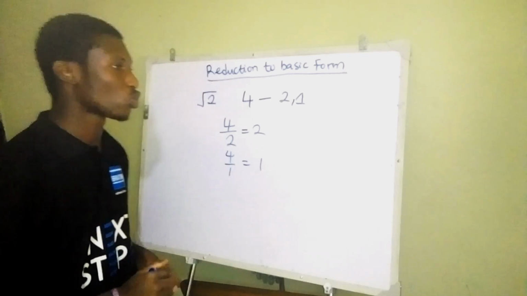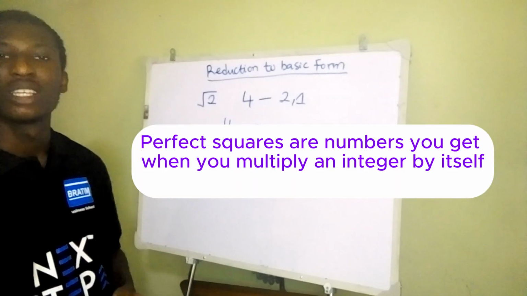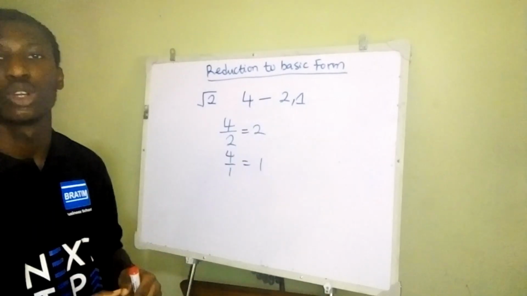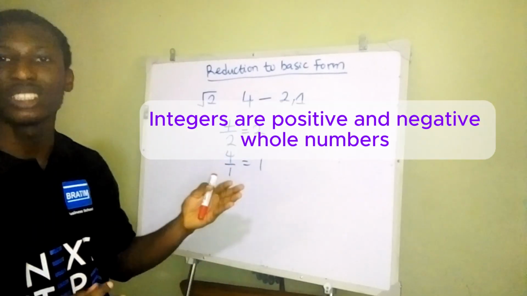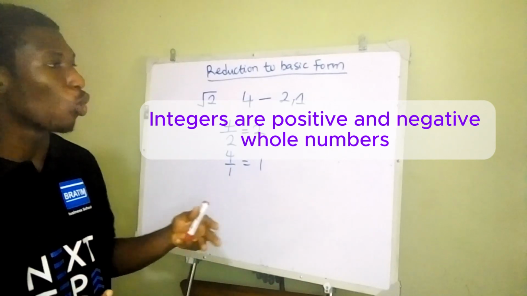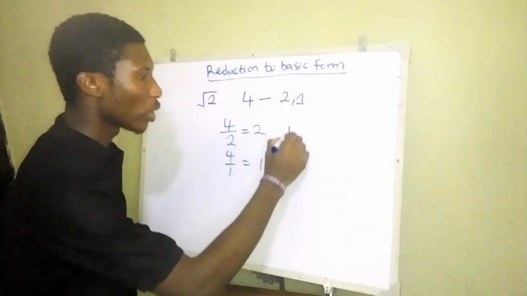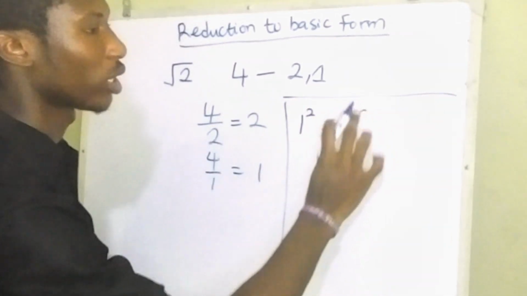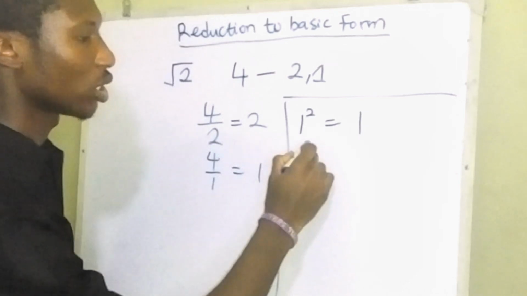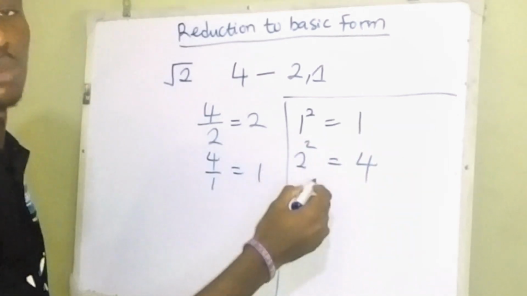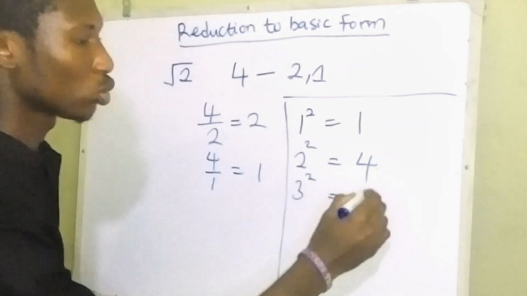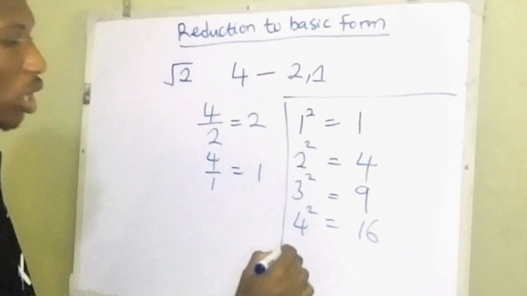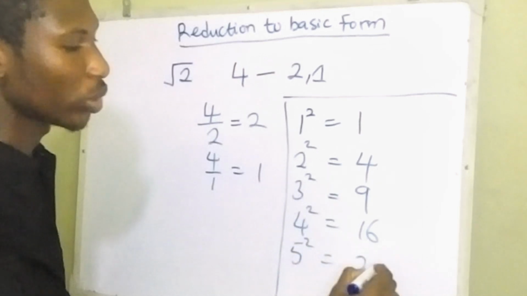The next thing I would like us to know is a perfect square. Now, what is a perfect square? A perfect square is a number you get when you multiply an integer by itself. What is an integer? Integers are positive and negative whole numbers. Now, 1 squared is equal to 1. 2 squared is equal to 4, that means 2 times 2. 3 squared is equal to 9. 4 squared is equal to 16. 5 squared is equal to 25.